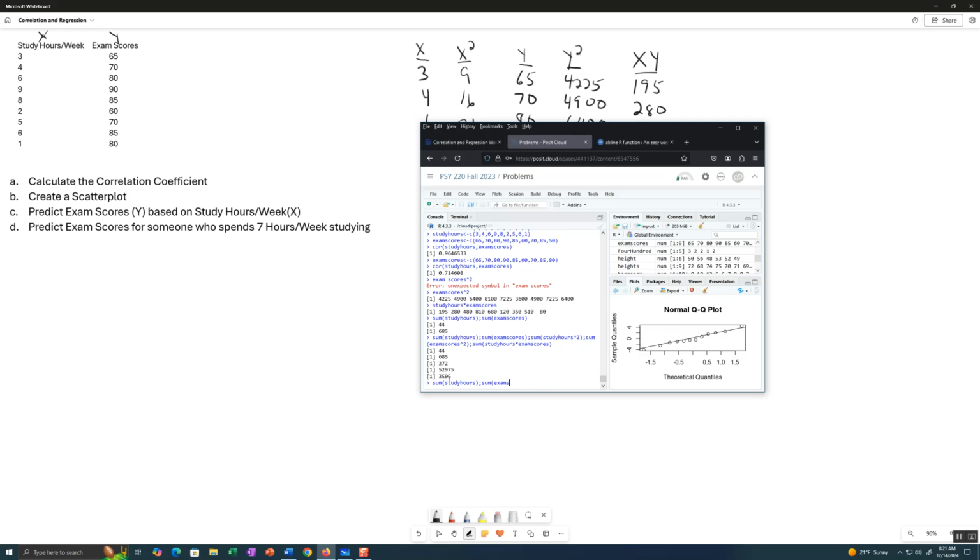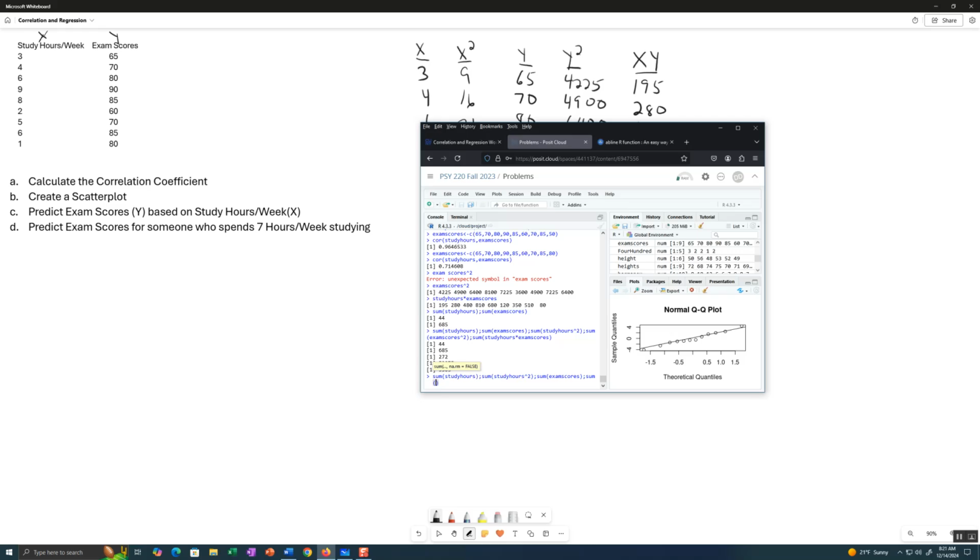So study hours is first. Then the next column is study hours squared. Then the next column is exam scores. Then the next column, forgot the bracket here.